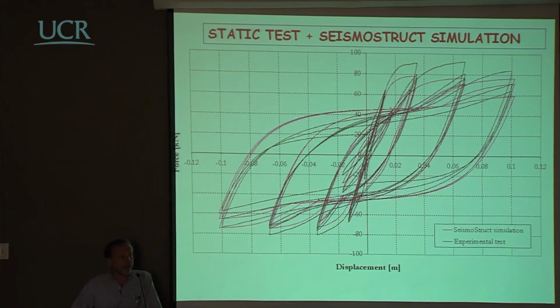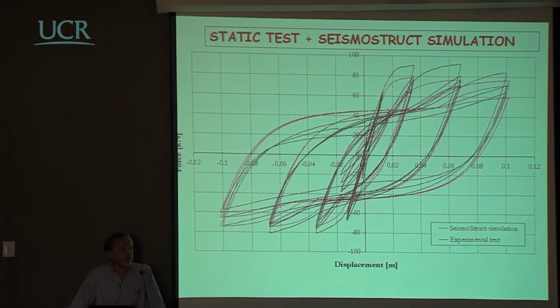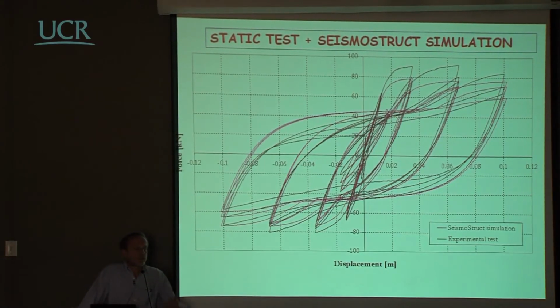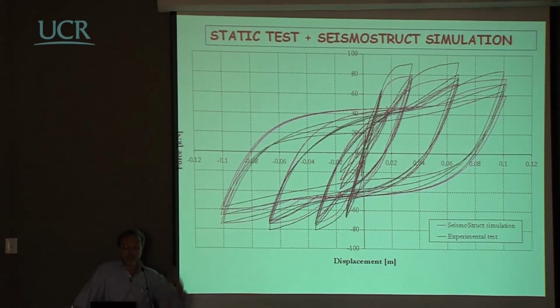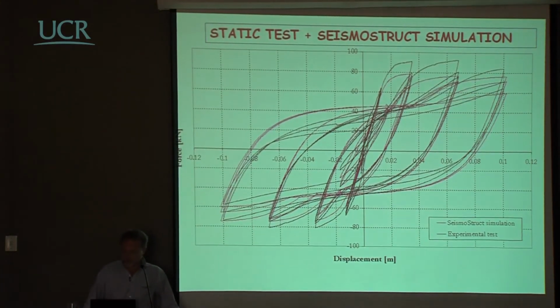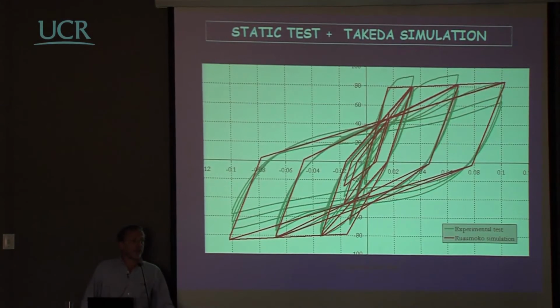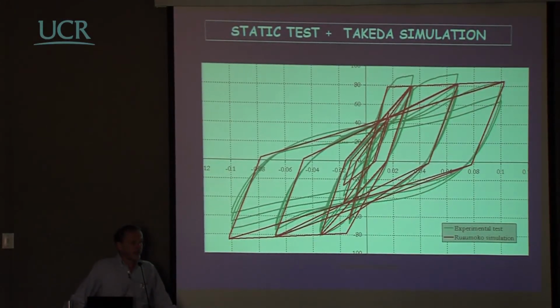And you end up having some very nice cycles, and you can simulate this nonlinear response with fiber elements, like the program Seismostruct, which is a fiber element program, or you can try to model the response with other programs.